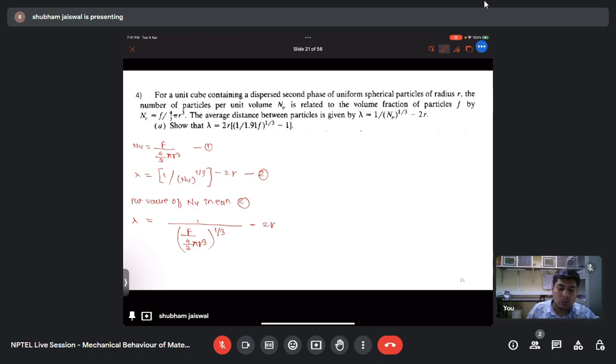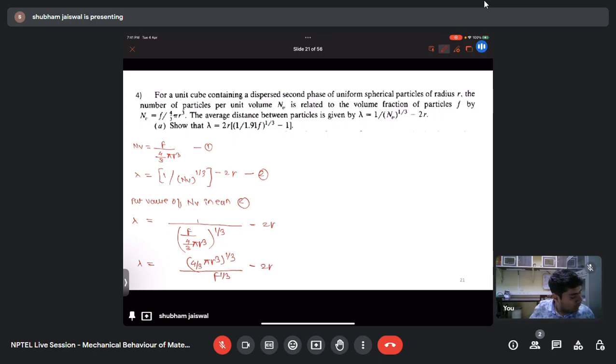Okay, so now if we simplify it, what will we get? Lambda equal to... this r will go upside, so we'll get somewhere like 4 by 3 pi r cube to the power 1 by 3 upon f to the power 1 by 3, minus 2r.